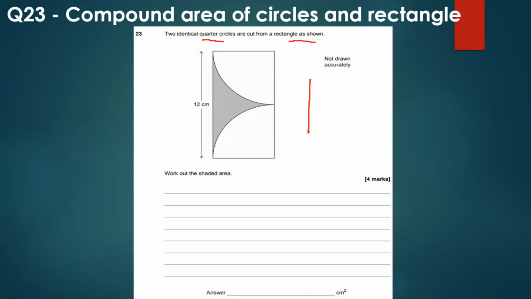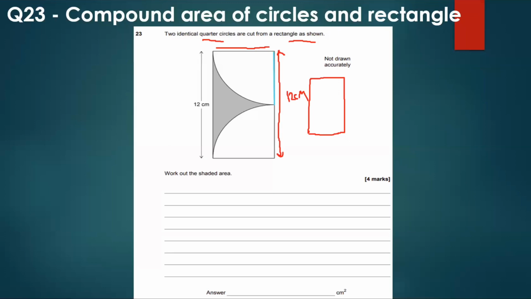Right, guys. So I know that that full distance there is 12. Therefore this distance here, the full distance here, is going to be 12. So that implies that each of these distances here, using a different color, halfway there, that's going to be 6, and then the other line is going to be 6.